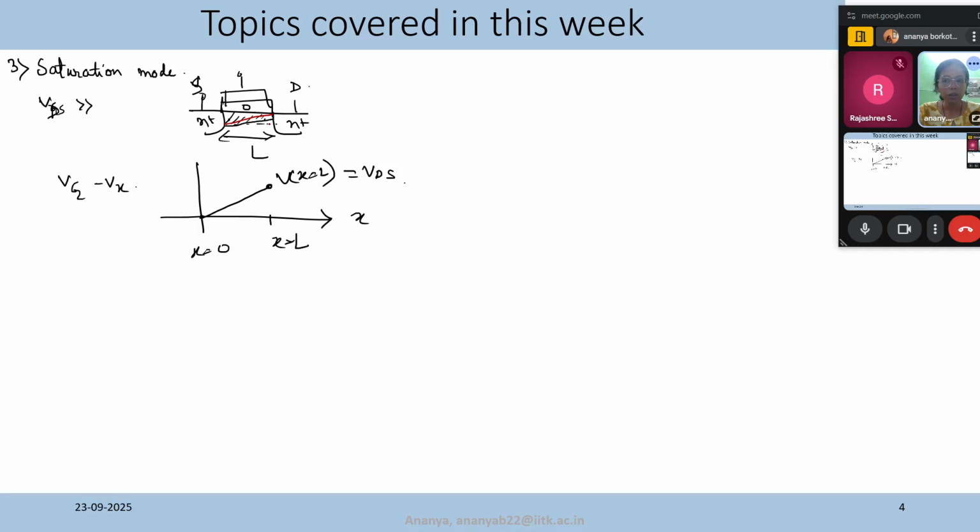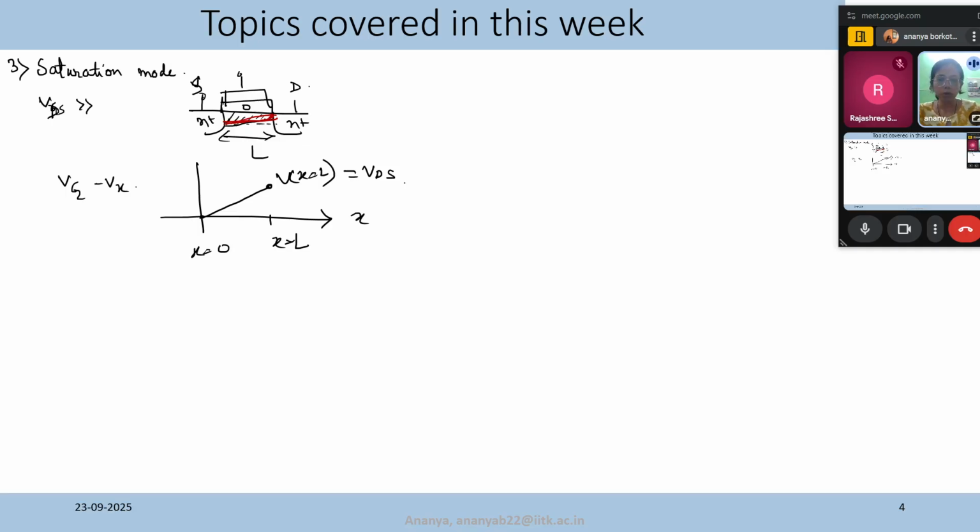Now at the point where, for the voltage drop across drain and source, this condition happens, that means the density of electrons at the drain end, at this point, becomes 0. That point is known as pinch off. So my effective channel is almost 0 at that point.